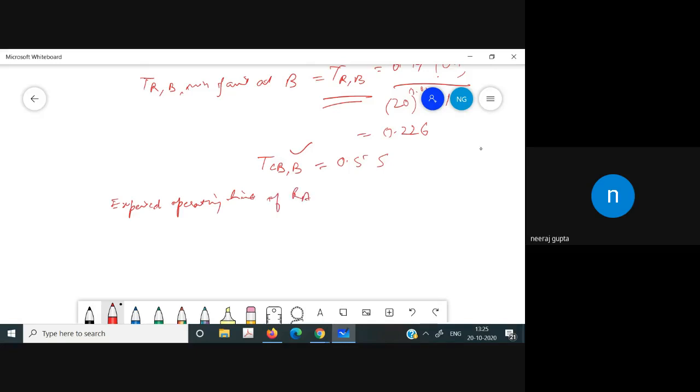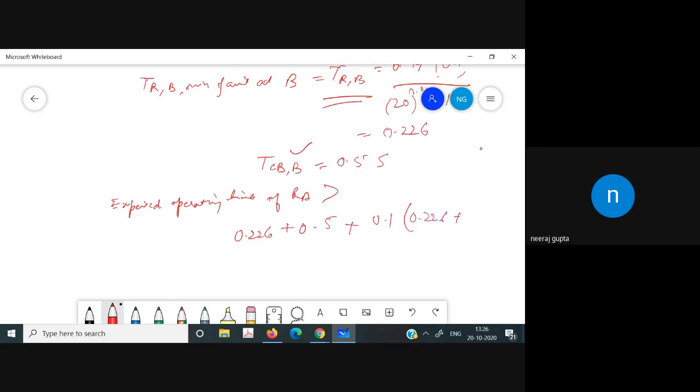So the expected operating time of RA should be greater than the sum of the two, that is 0.226 plus 0.5, plus, to take into consideration the overshoot, 10% of that.